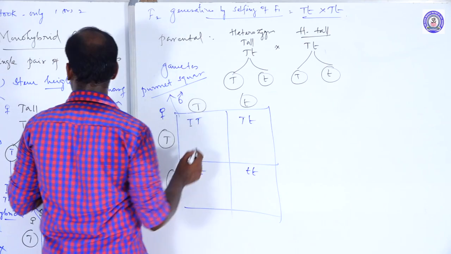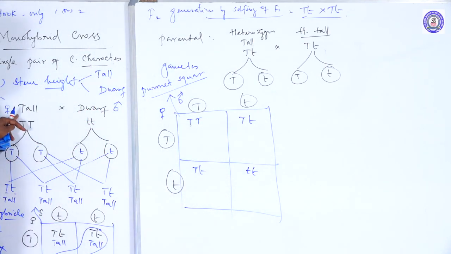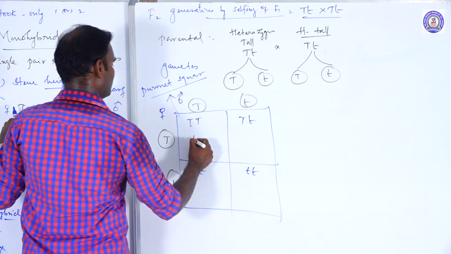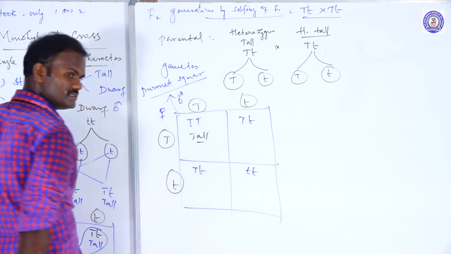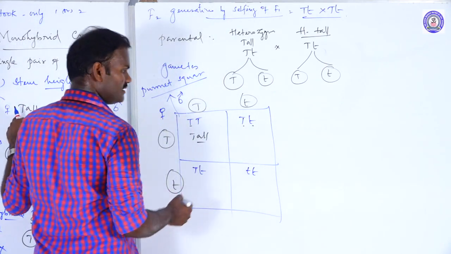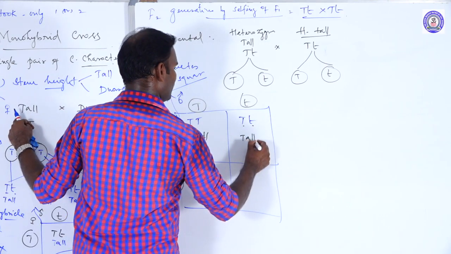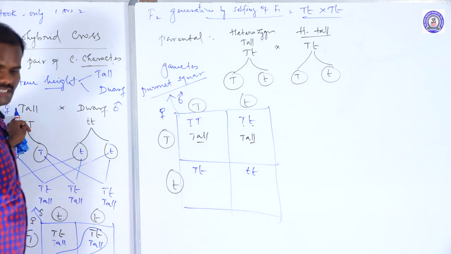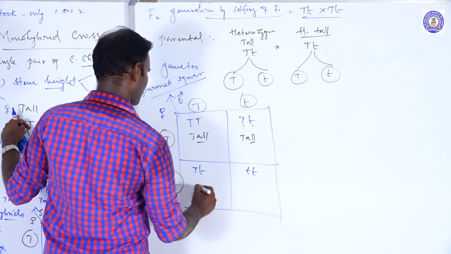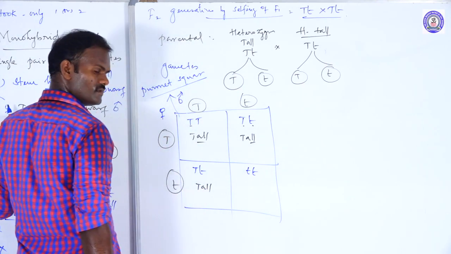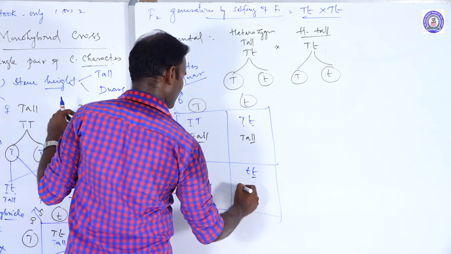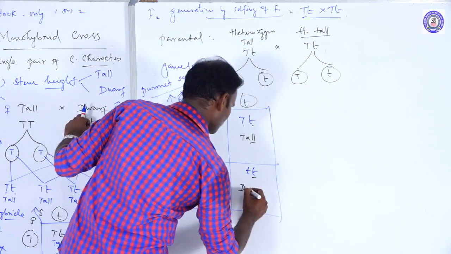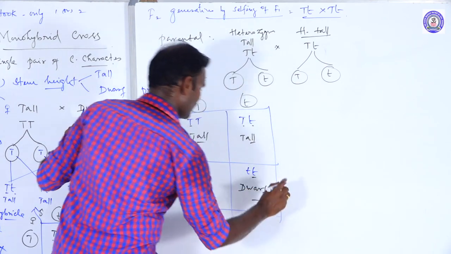So capital T is responsible for controlling the tall character. These are pure tall, capital T, capital T, pure tall plants. Capital T, small t is also morphologically a tall plant, but genotypically it's heterozygous. And small t, small t is a dwarf plant, a recessive character.